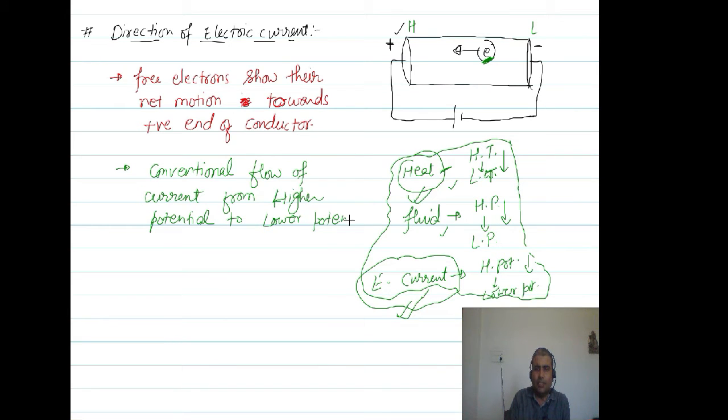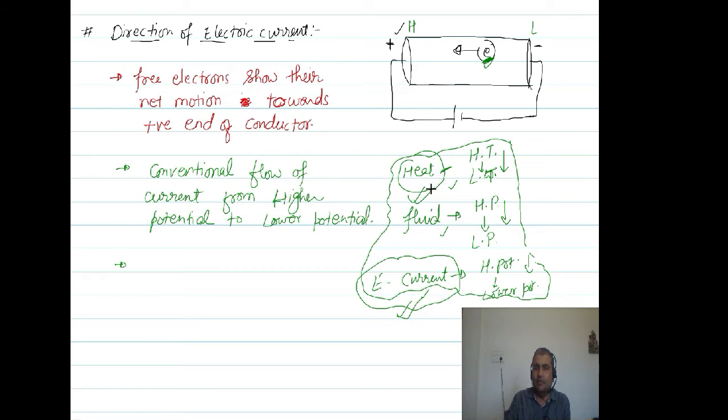Are you getting the point now? So that's why, although electrons, the charge carriers, are flowing from lower to higher, we are still considering the conventional flow of current from higher to lower potential.